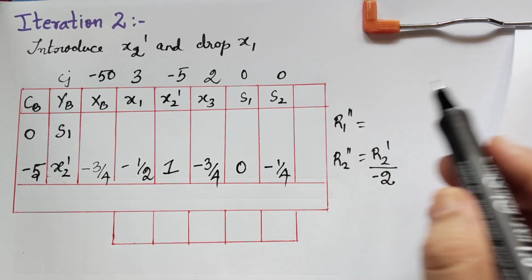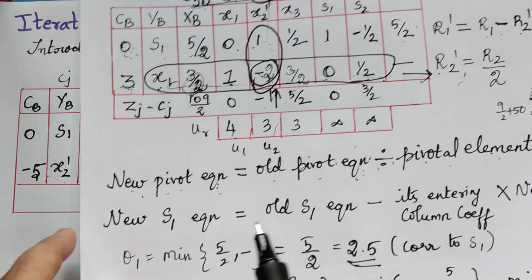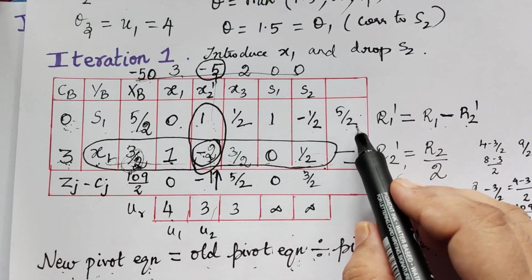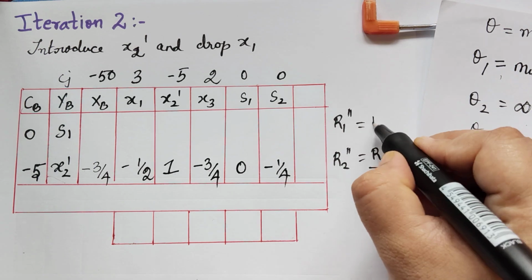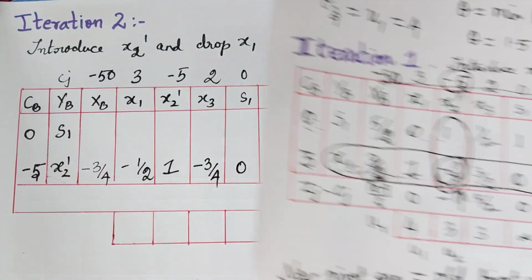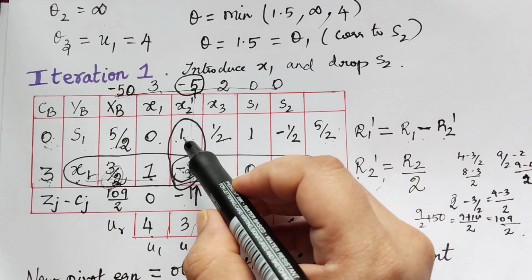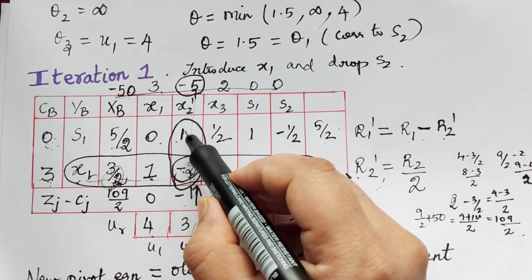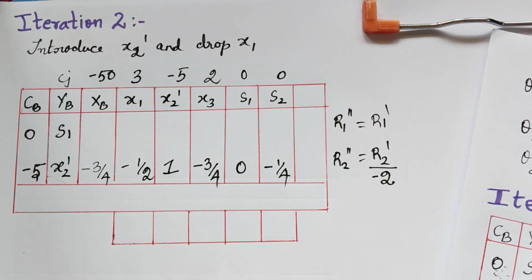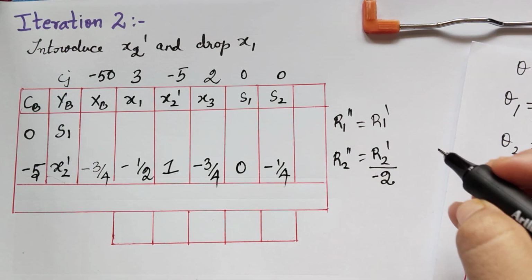And then r1 double dash, that is the new equation of s1, will be the old s1 equation. What is the old s1 equation? r1 dash. So r1 dash minus its entering column coefficient. This is the entering column, and the entering column coefficient is 1 only. So 1 multiplied with the new pivotal equation, which is r2 double dash.